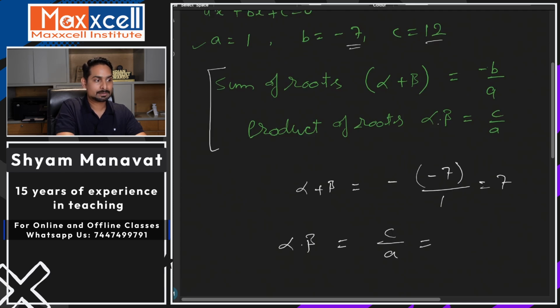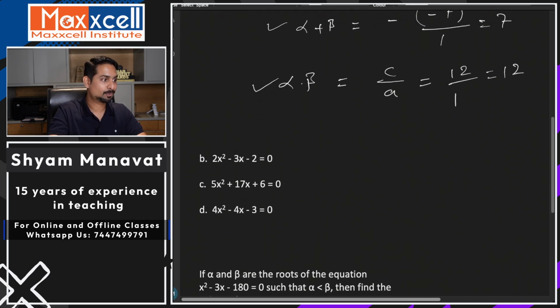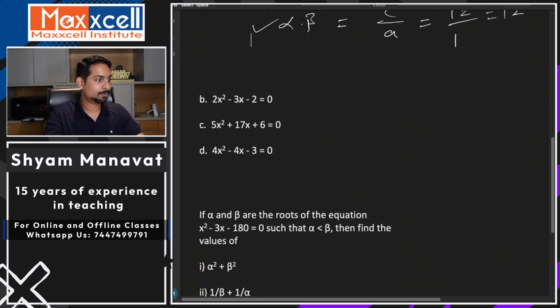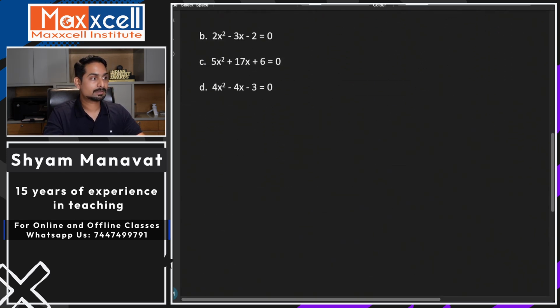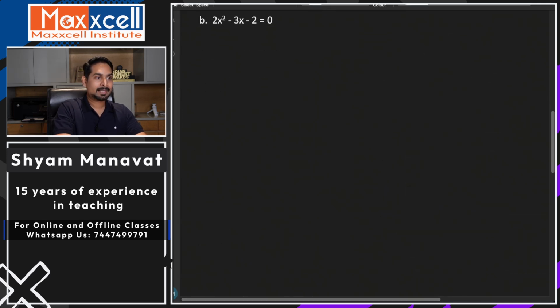What is c? 12 as per this equation. a is 1 in this equation. So the product of roots here is 12. Did you get this? Shall we do it for one more question? If you understood, please pause the video and do it for equations b, c and d, all three of them. And let's see whether the answer is matching or not.